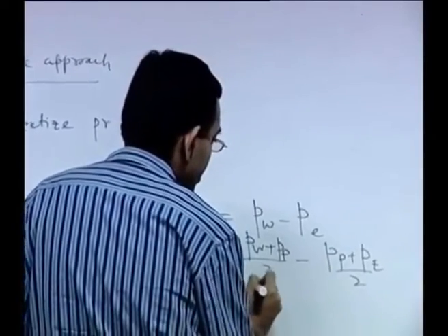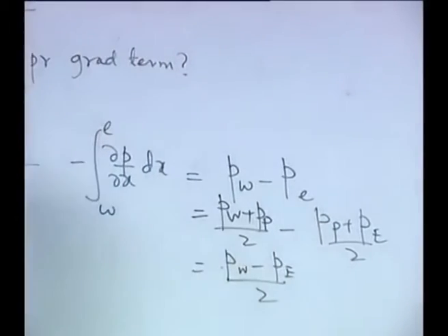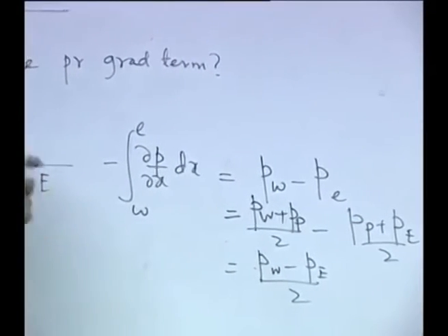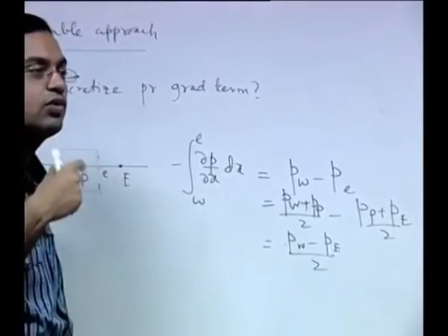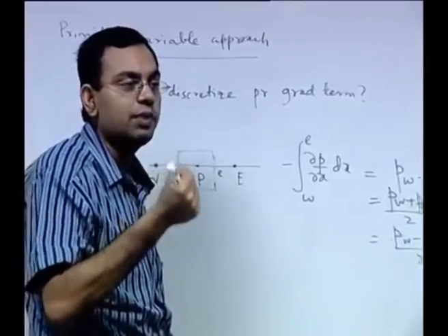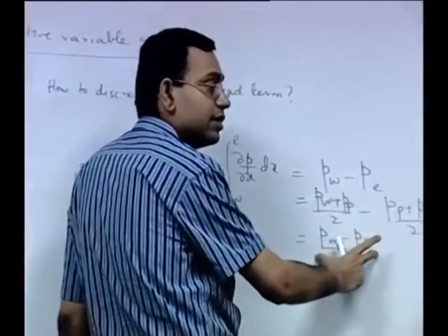So, it is (P_W minus P_E)/2. Remember that the pressure gradient term acts as a body force per unit volume. So, it is a driving force for the fluid flow to take place across a control volume. So, this is the forcing parameter.